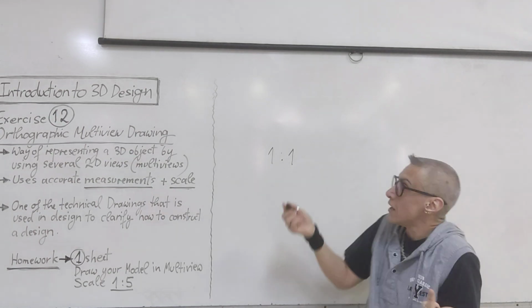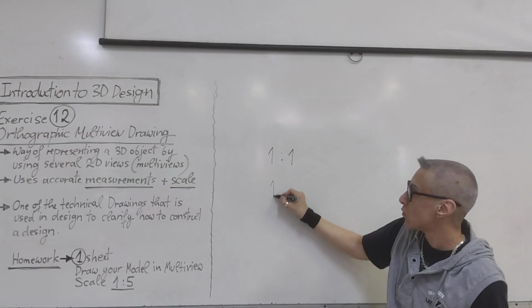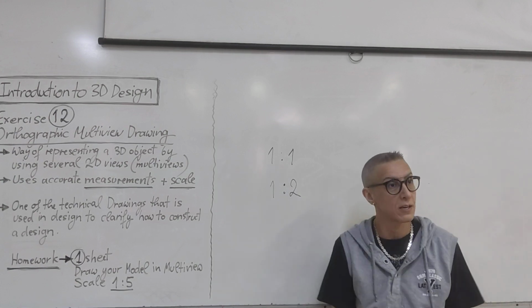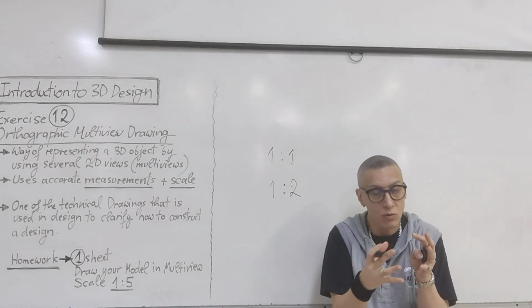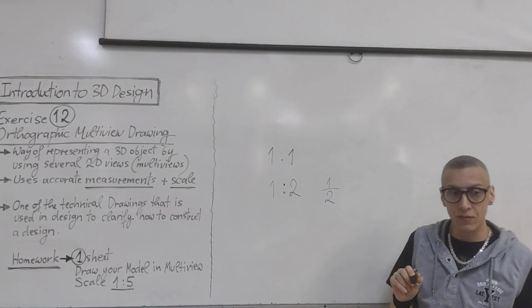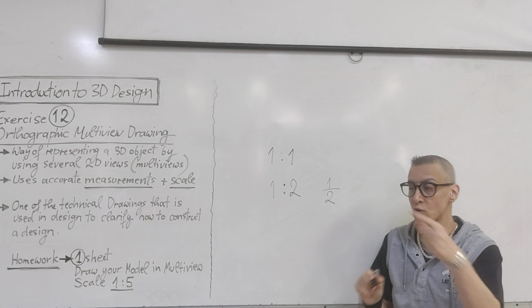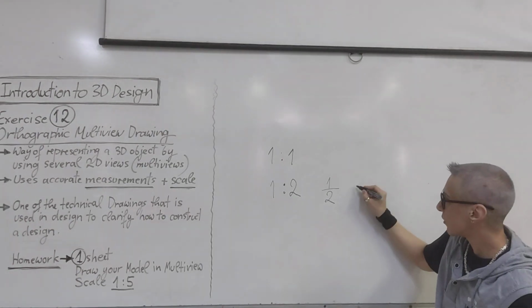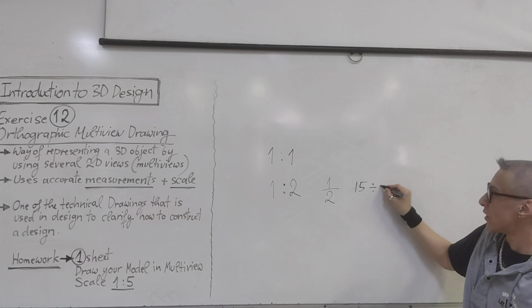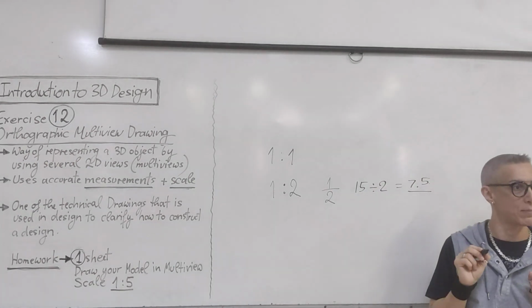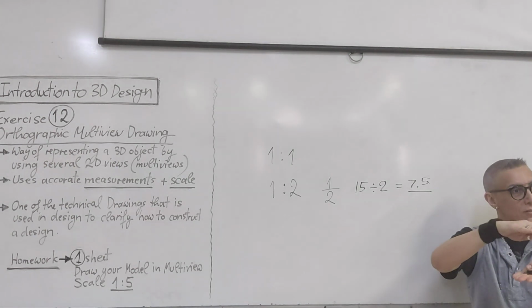But if I want to use scale 1 to 2, to scale it down, 1 to 2 means 1 over 2. It means each measurement is divided by 2. So 15 divided by 2 becomes 7.5 centimeter on my paper. So the 15 cube becomes 7.5.